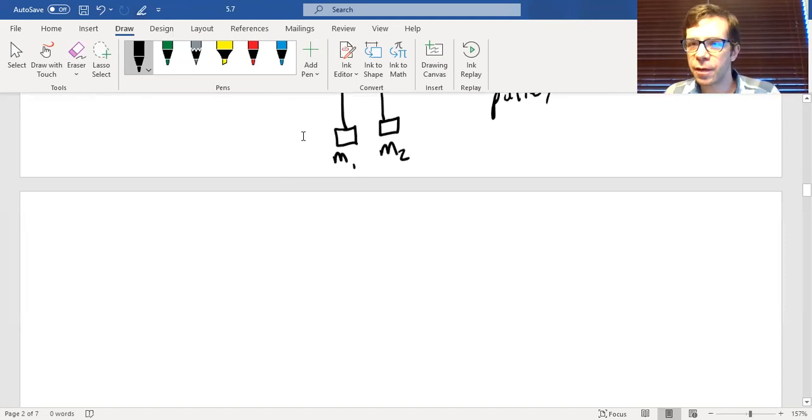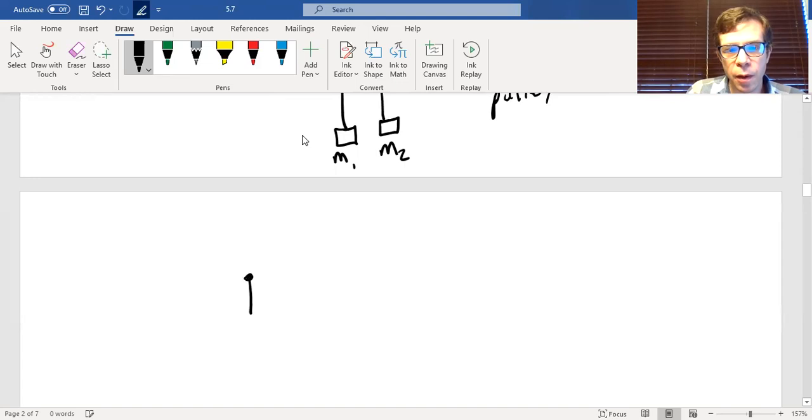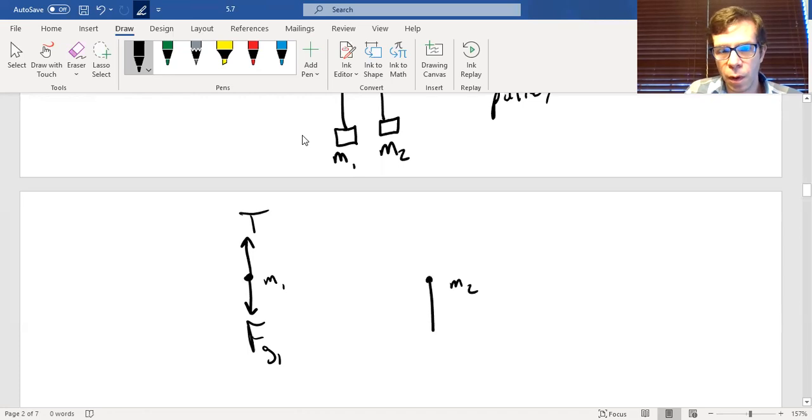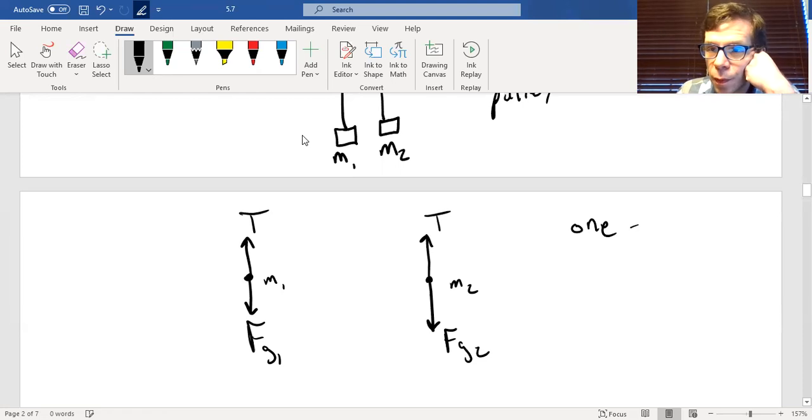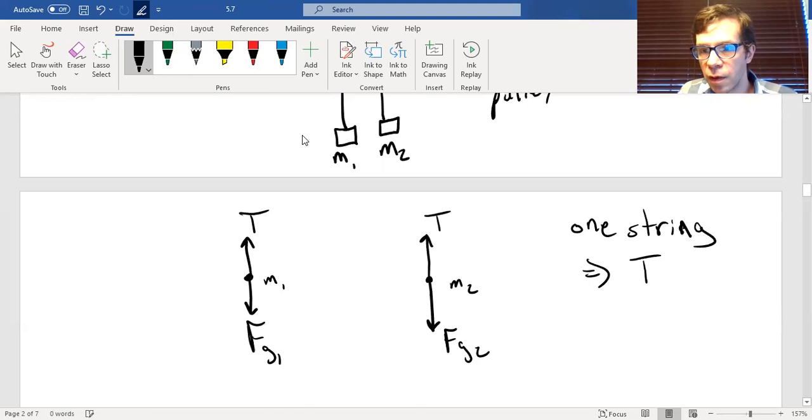Okay, I've got two objects. I can't do this with one free body diagram. So if I look at mass 1, I've got the force of gravity and I've got a tension. And if I look at mass 2, I've got a force of gravity and I've got a tension. All right, it's one string. So we know that T is the same.